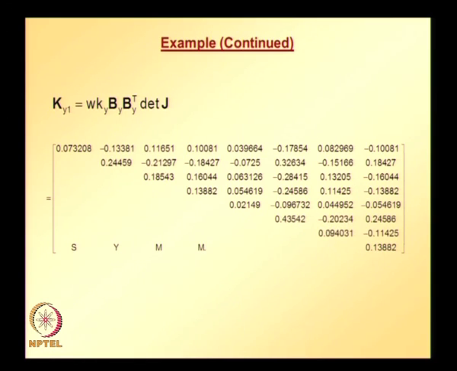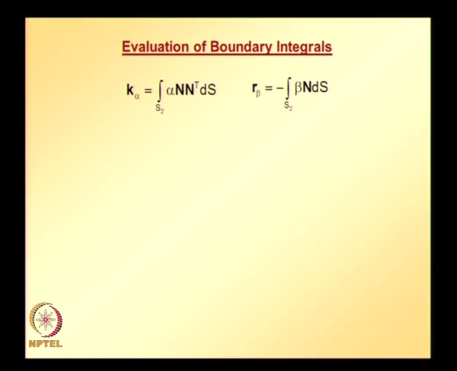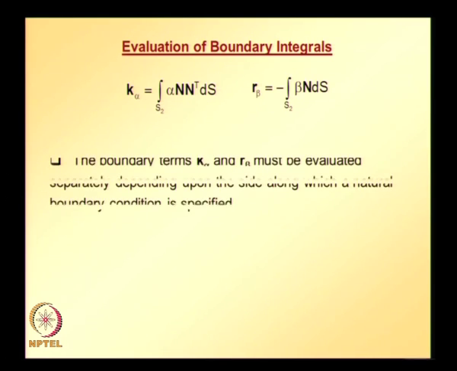So, now let us discuss boundary integrals. Once again, these are the two boundary integrals. If you look back at the element equations, these are the two boundary integrals. The boundary terms k alpha and r beta must be evaluated separately depending on the side along which the natural boundary condition is specified.